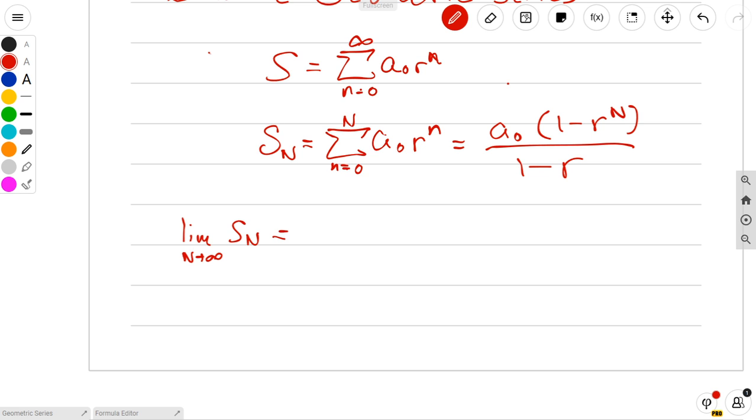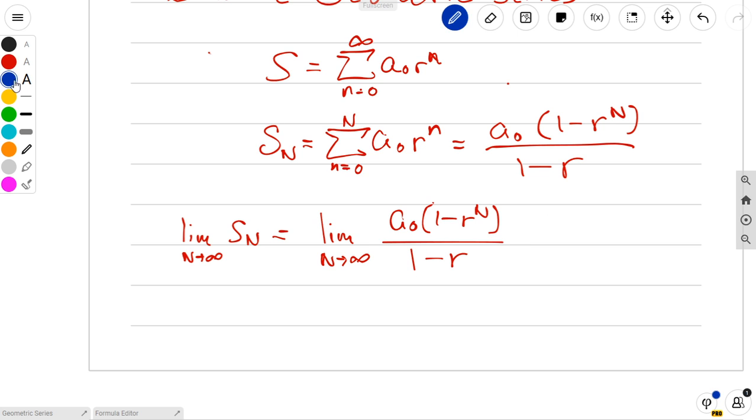And we'd like to know if that converges or what have you. So really, we're taking the limit as n goes to infinity of this new formula that we created: a sub 0, 1 minus r to the nth power all over 1 minus r.